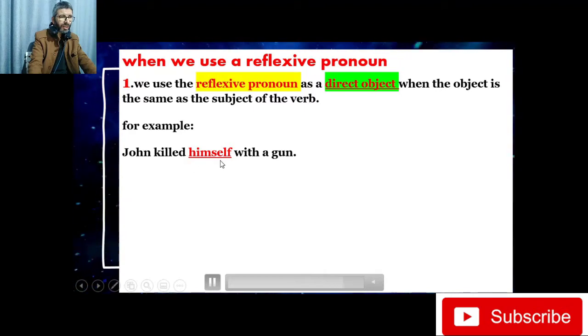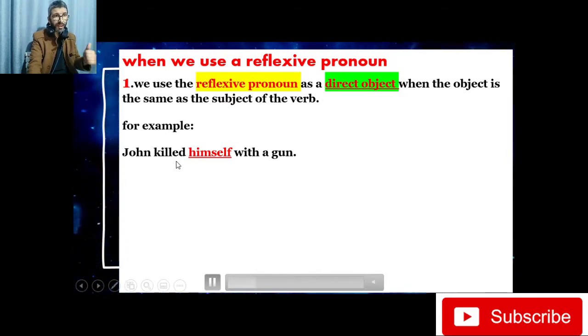So here, himself is a reflexive pronoun, object of the verb killed. John killed who? Did he kill Adam? Did he kill Tom? No, he killed himself. So himself is a reflexive pronoun because it refers to the same person, John, and it is the object here.